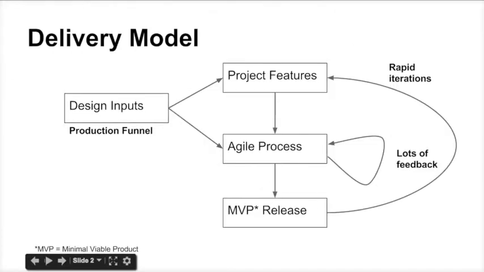So here's the basic Agile process as I see it. Project features are identified through a number of processes, in particular in consultation and collaboration with the client, obviously.